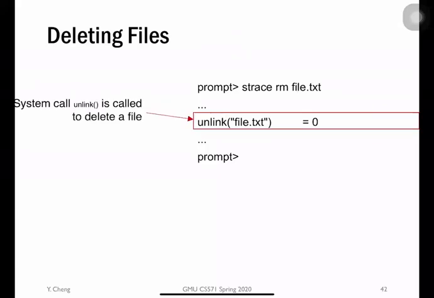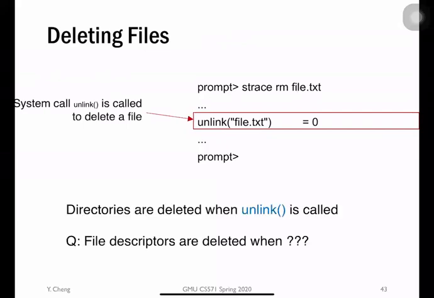So the system call unlink is used to delete a file. You can understand it as trying to disconnect the relationship between this file and the file system as a manager. Directories can be deleted when unlink is called as well.